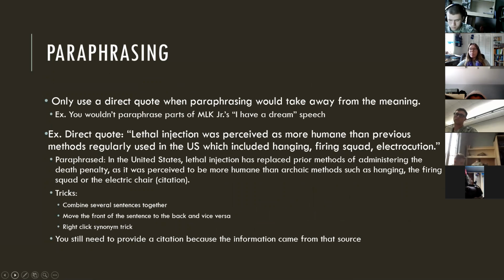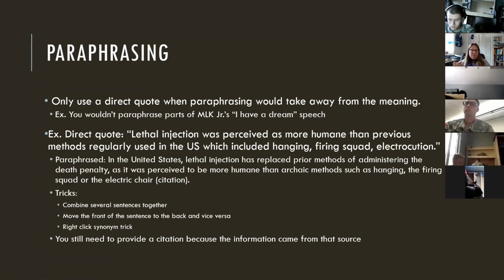We already kind of went over paraphrasing, and that was one of the assignments I had you do, but in the past, I had a lot of students have trouble with paraphrasing. You guys did a fantastic job with it. So I don't really think we need to go into this, but just a few tricks. You can combine several sentences together.